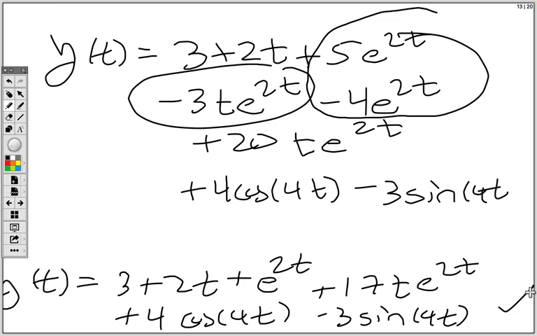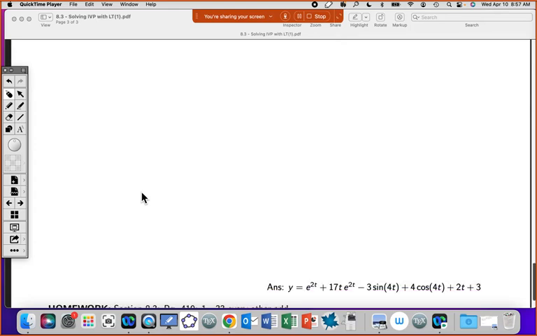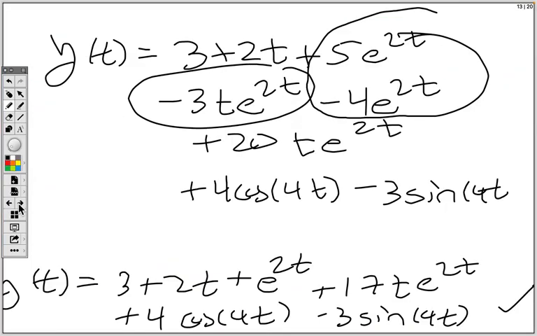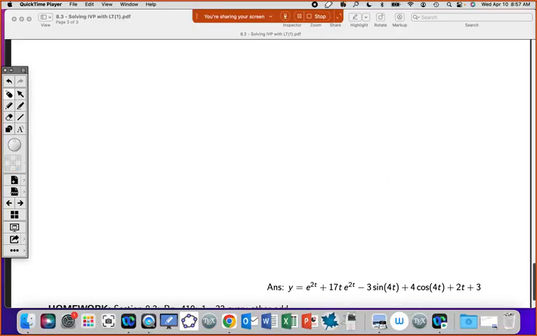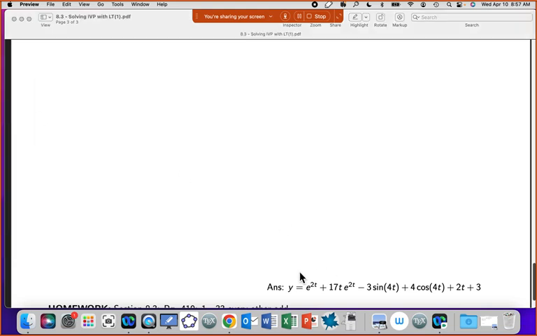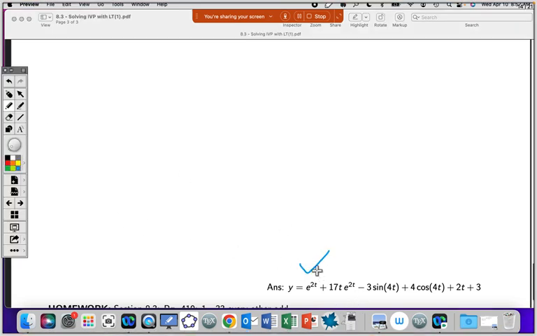Once again, when you're working this out on paper or board, you have an advantage of not having to flip back and forth. Let's see how close we got to the answer on here. E to the 2t, got that. Just check these off as we go. So we got that. 17t e to the 2t.